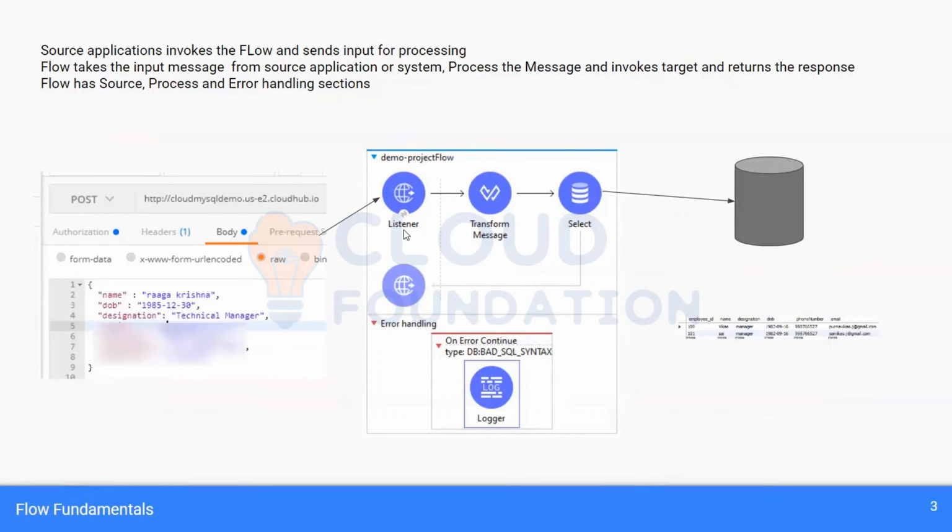Here I'm showing a flow diagram. You can see a partition, a dashed line. The first area is the source. After the partition, this area is called the processing area. And down below you can see the error handling area, called the error handling section. It's three sections.